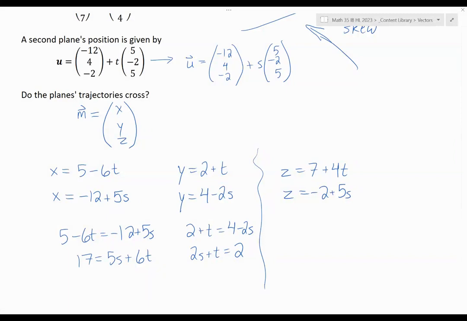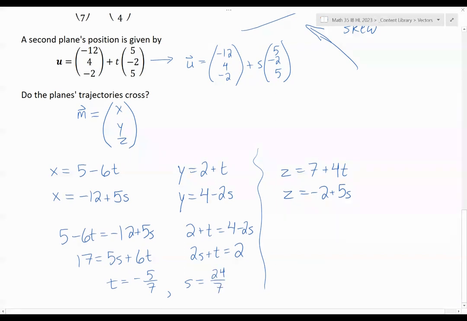So I'm using a matrix that is 2 by 3, in which I have 5, 6, and 17 for the first row, and 2, 1, and 2 for the second row. And then, of course, using the reduced row echelon. Your calculator may have a slightly different way for solving this, or you can just do it algebraically if you like. But if I solve this now, I get that t equals -5/7 and s equals 24/7.